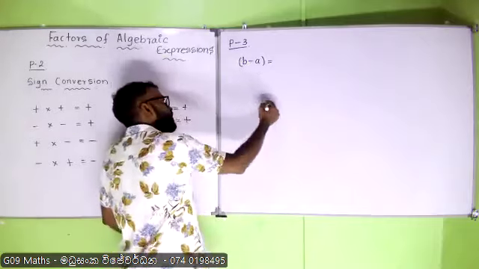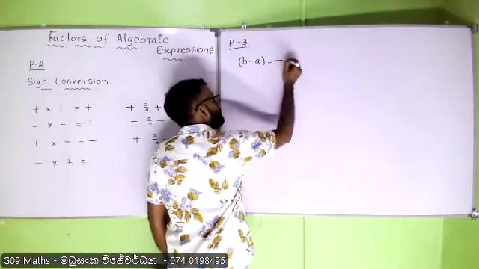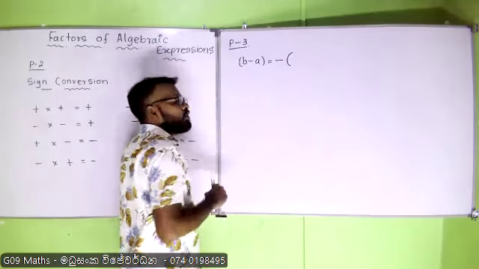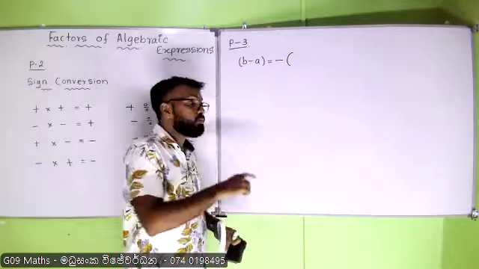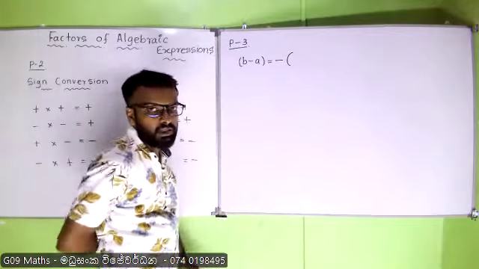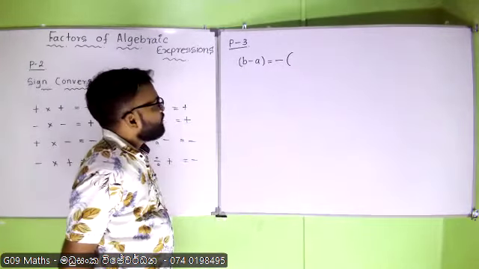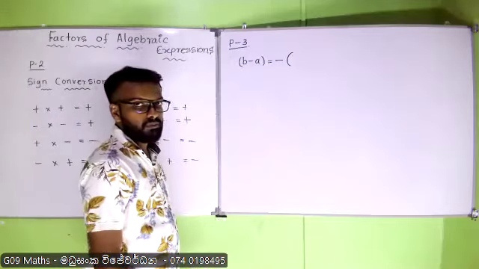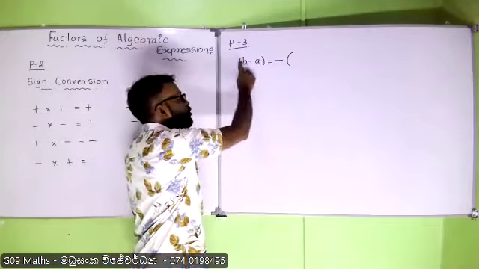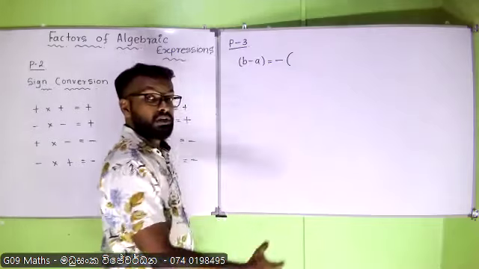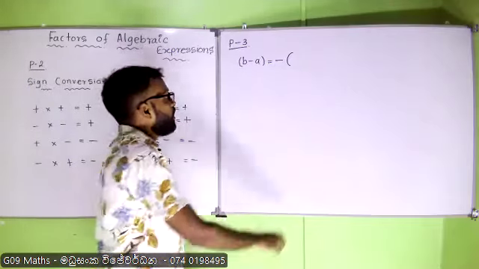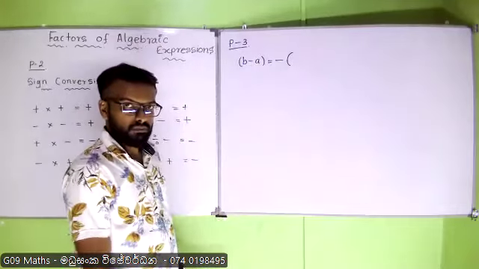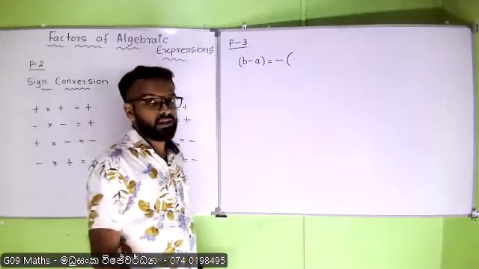Correct? So now I am going to take the negative sign out from the bracket. Now this is positive B. So that means if you are going to take the negative sign out from the bracket, positive B becomes negative. Negative A becomes positive. That is the meaning.